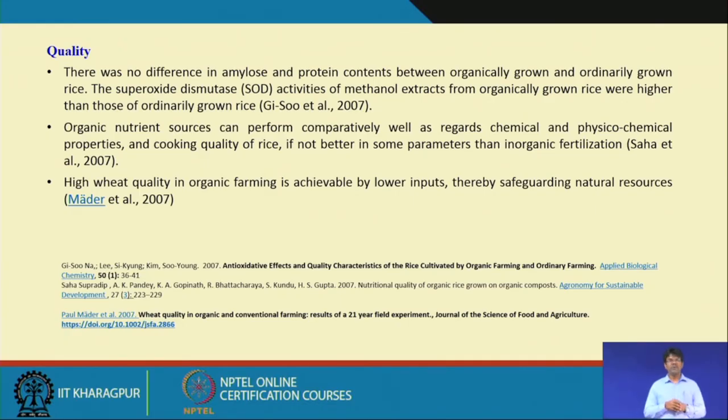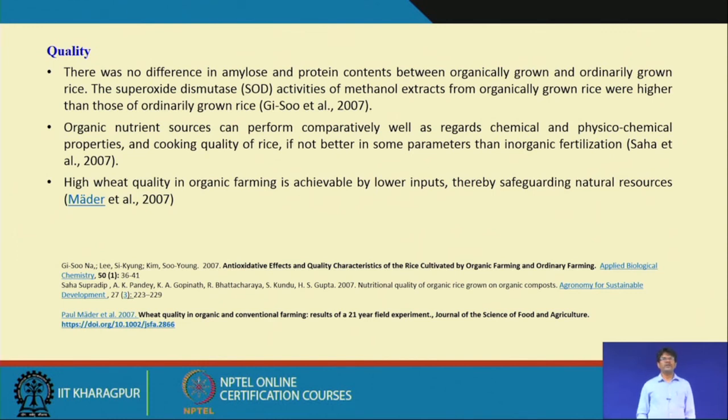So, there is some research information on the quality of rice and wheat products using organic production technology. Su et al. 2007 reported there is no difference in amylose and protein contents between organically grown and ordinarily grown rice. So, they are almost the same.